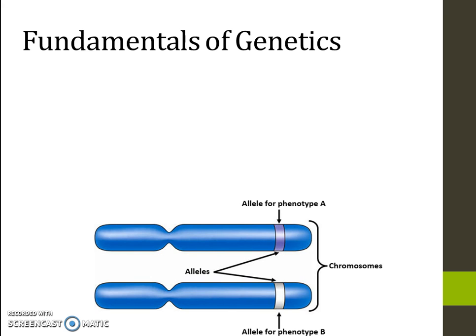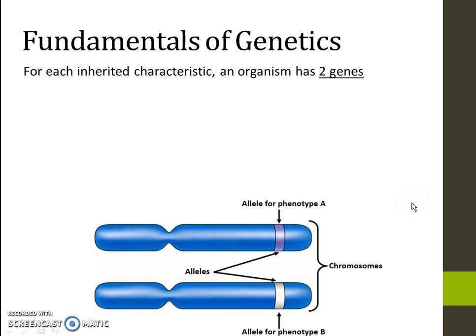Alright, so here is sort of the basics. This is going to look like a lot of information, but it's just explaining how everything you already learned ties in together. So, for each inherited characteristic, an organism has two genes. These genes are found on the set of homologous chromosomes. So hopefully that makes sense. You have two chromosome 1s, two chromosome 2s, two chromosome 3s, all the way through, your sex chromosomes XX or XY.